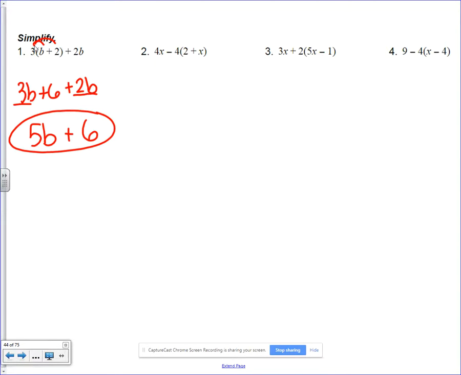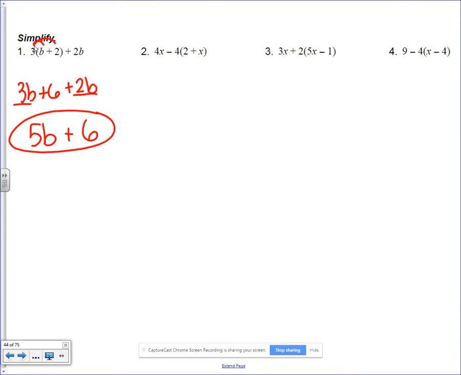Now here's where I want to do some vocabulary with you, please. This term on the end does not have a variable. What is it called? From yesterday, what is the term without a variable? If it does not have a variable, it does not vary. What is a word that means to stay the same? Starts with a C. Constant.